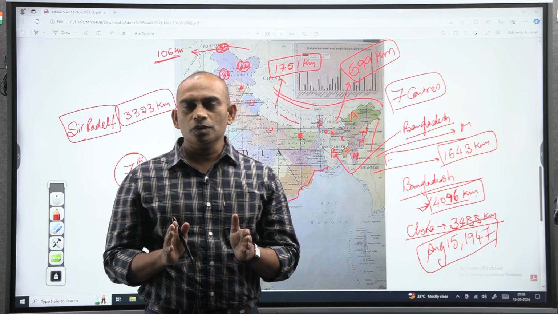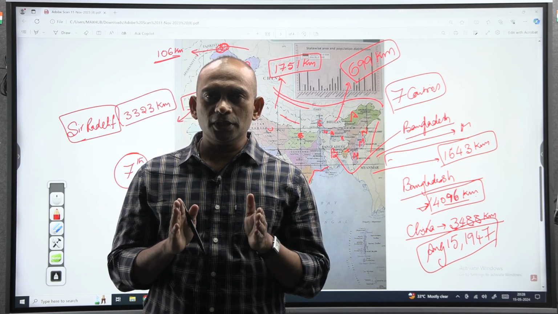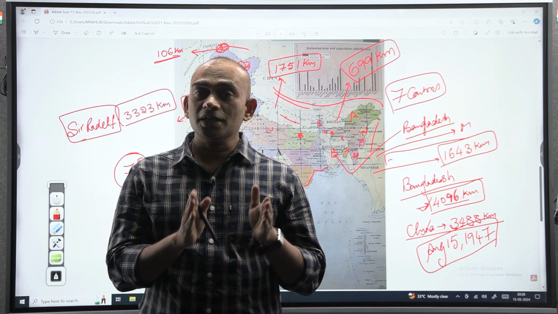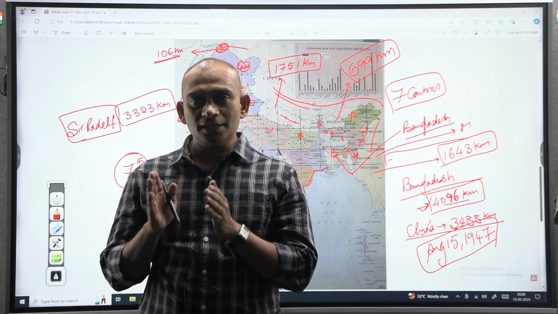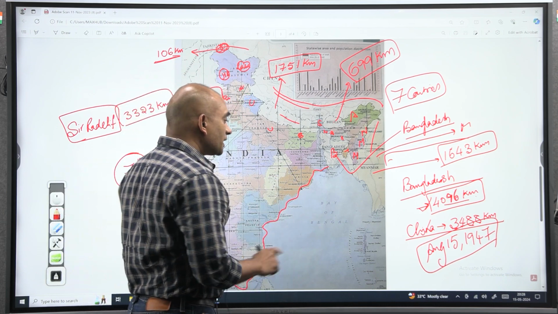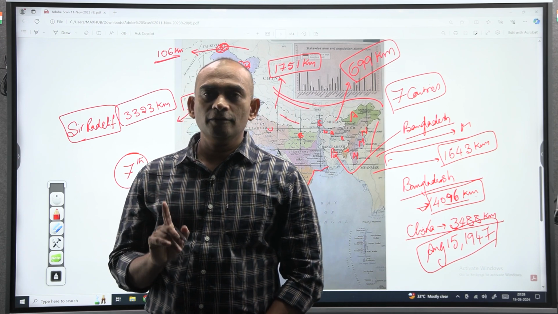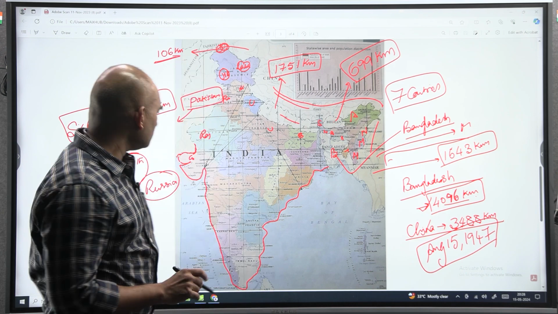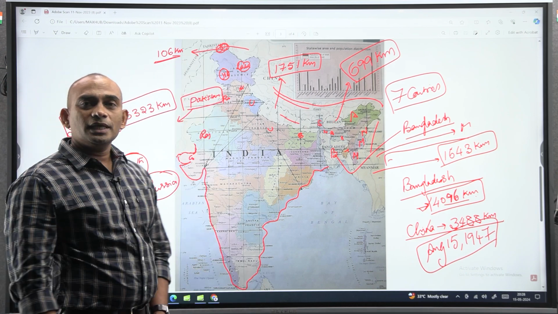From then onwards, the border we share with Pakistan, both Western and Eastern Pakistan, we started calling the Radcliffe boundary line.